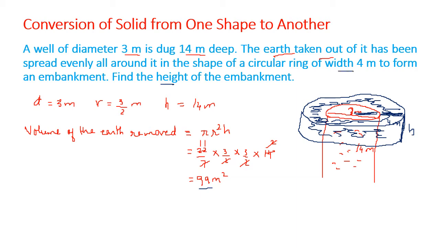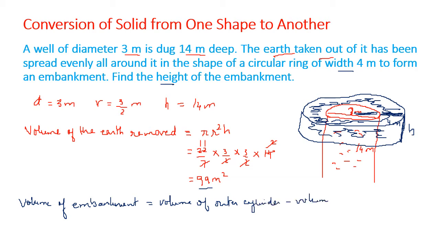Now the volume of the embankment should be the volume of the outer cylinder, that is the outer part, minus the volume of the inner cylinder. This is what we should be having.